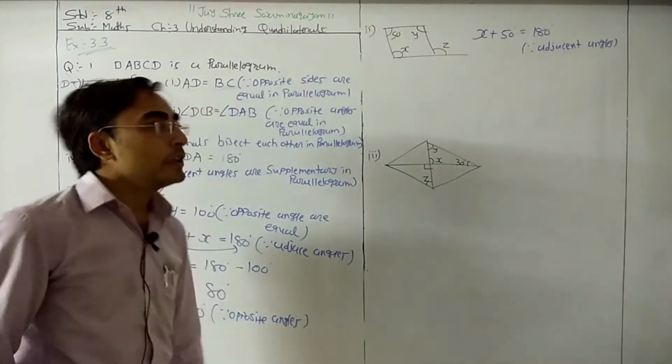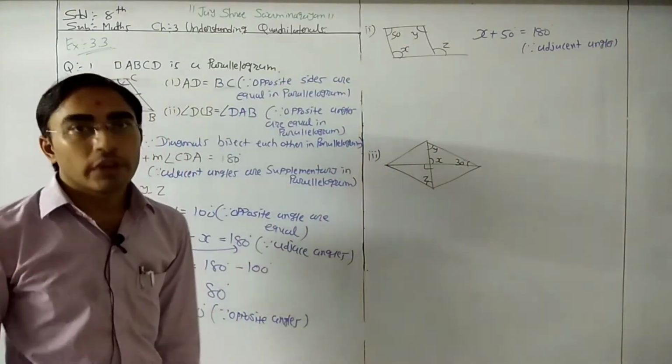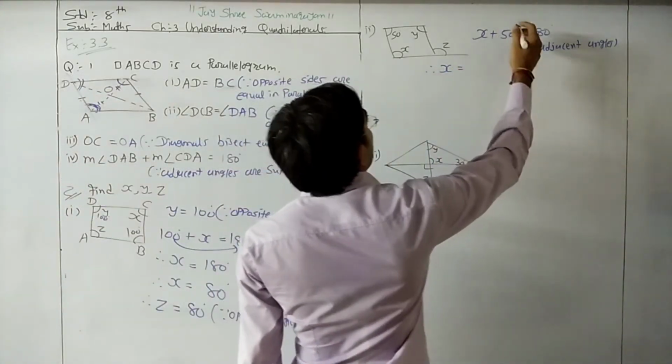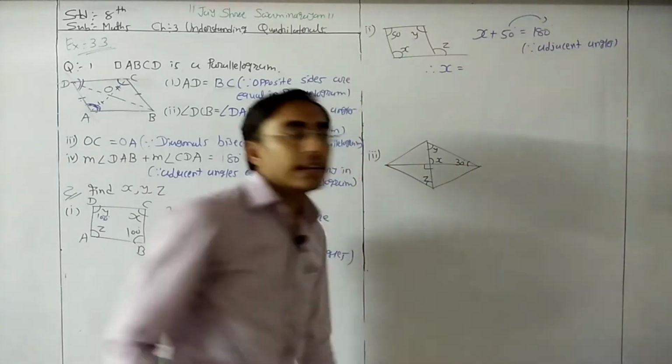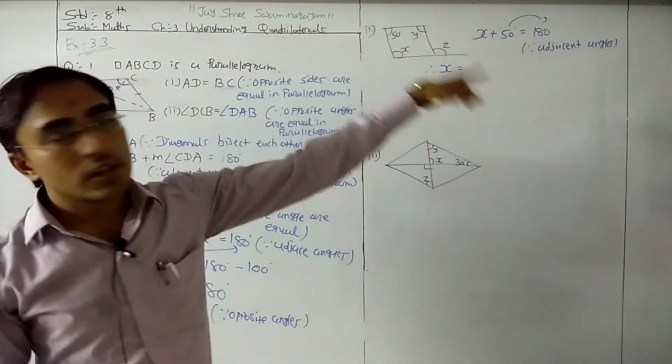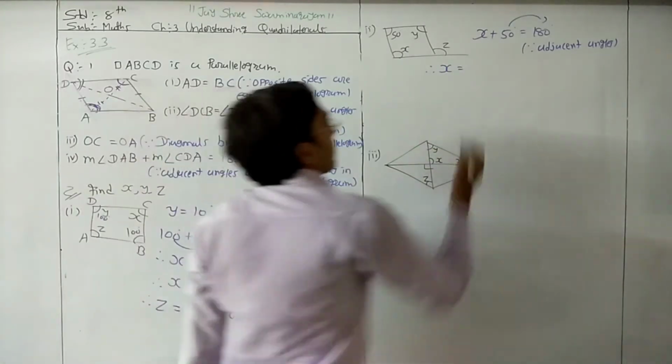Now from here we can find the value of x, right? So x is equal to, transfer this 50 degrees to the right hand side. If we transfer this plus 50 degrees to the right hand side, it becomes negative.